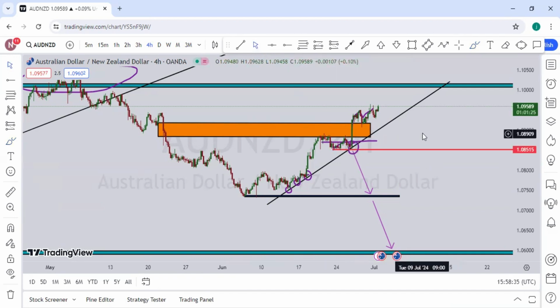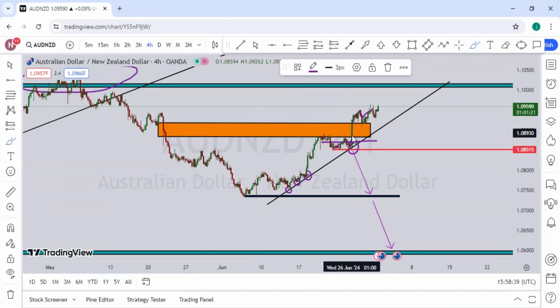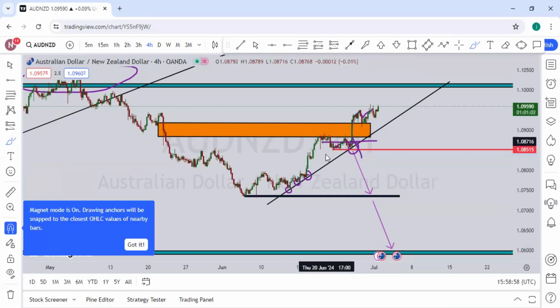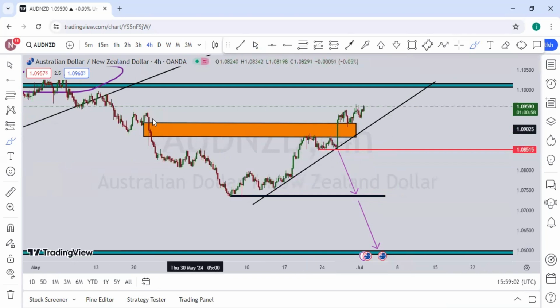So what I could wait to see on this pair is the market breaking below this red line with the body. Then I could take my trade from here, my first take profit and my second take profit. But now for me, I think this trade is invalidated. So I'm not going to take this trade.